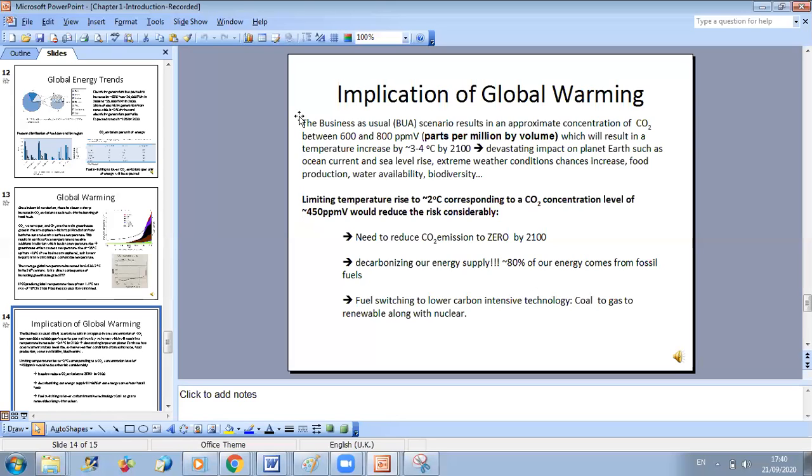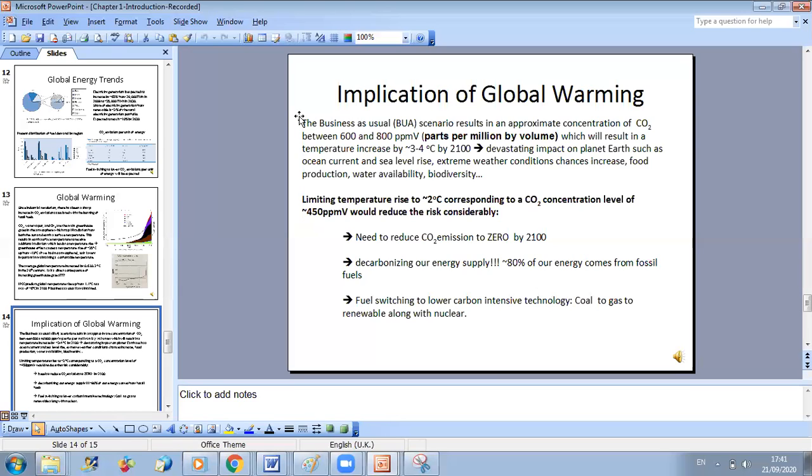And this will affect food production, water availability, and biodiversity. This is why we should limit the rise to 2 degrees, corresponding to a CO2 concentration level of 450 parts per million by volume, which would reduce the bad effect of greenhouse gases.